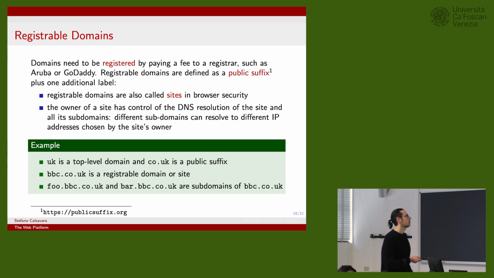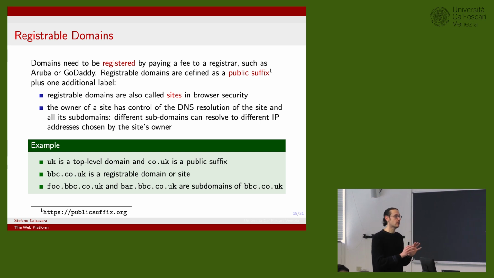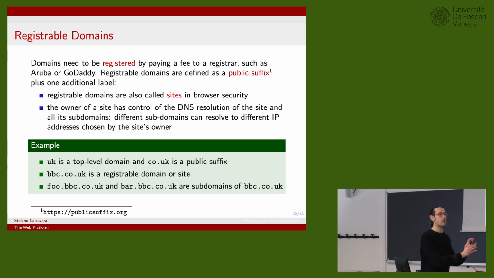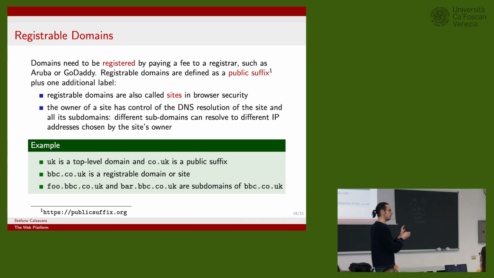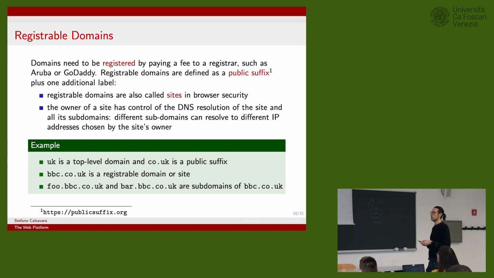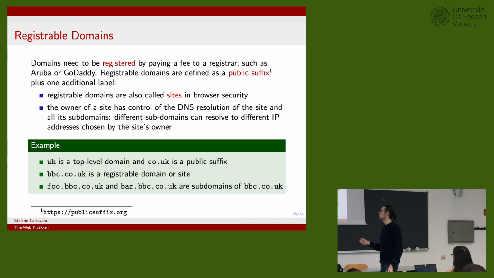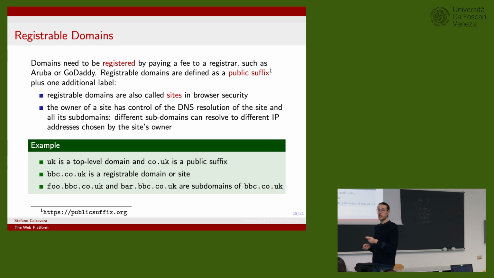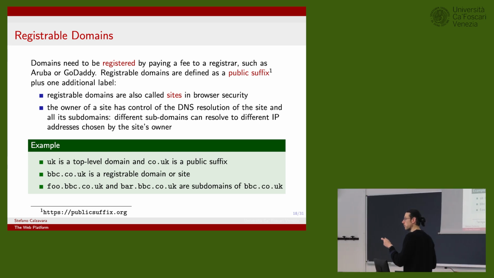So the public suffix is exactly the rightmost part of the domain name. So it's the part of the domain name on the rightmost component which is associated to registrable domain. So technically speaking, in this context, UK is the top-level domain because it's the one which is most on the right, while co.uk is the public suffix. So any registrable domain must terminate with that.